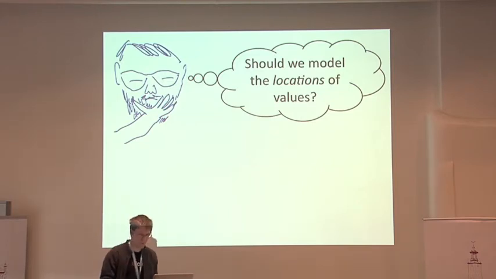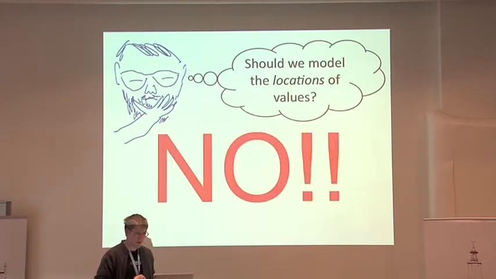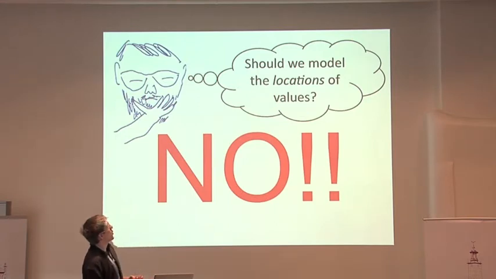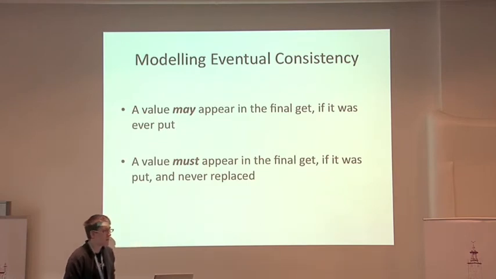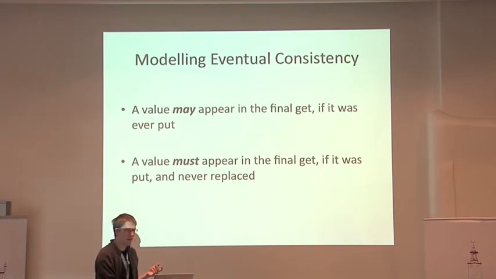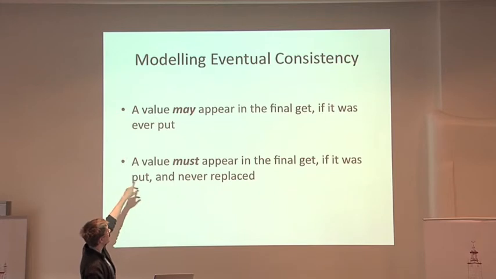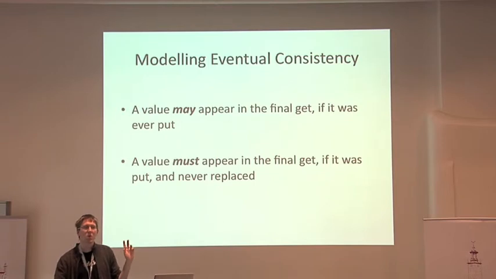And maybe you can guess that the answer to this question is, again, no. That's going into too much implementation-specific detail for the problem at hand. So what we chose to do instead is to say: when we do the final get, then we might see a value if it was put at some point. If it's been put at all, then it could conceivably end up in the final get.